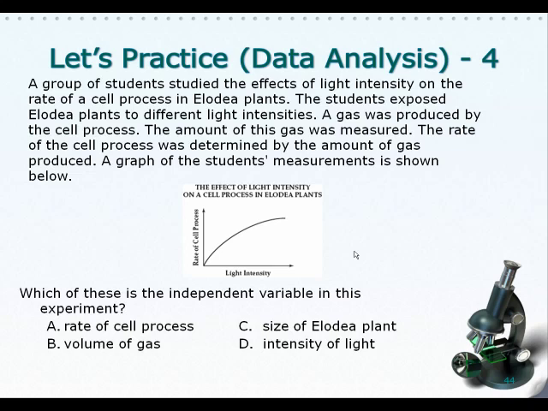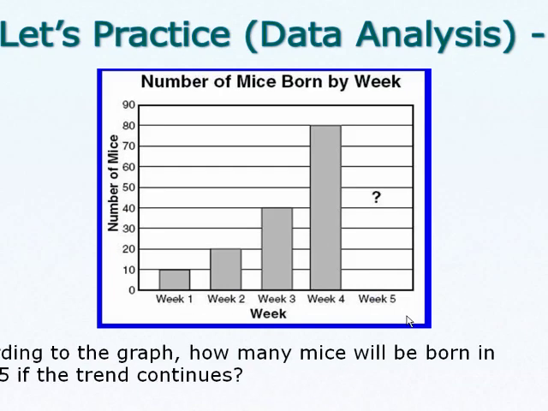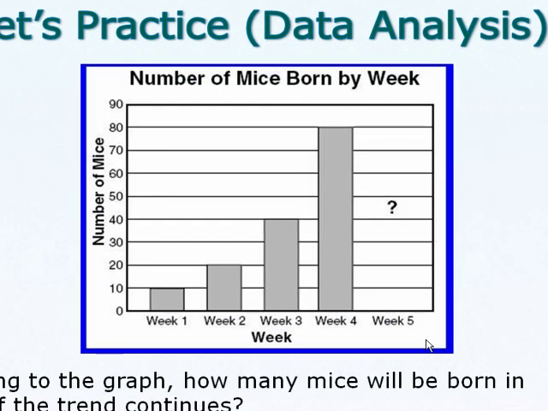Here's another practice problem. According to the graph, how many mice will be born in week 5 if the trend continues? So let's take a moment to look at the trend. If you notice in week 1, we see the number of mice will be 10. In week 2, 20. Week 3, 40.